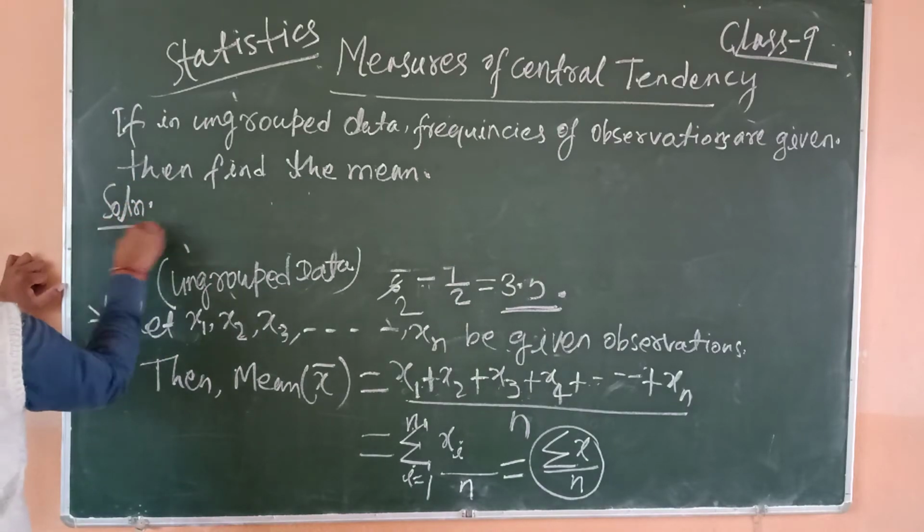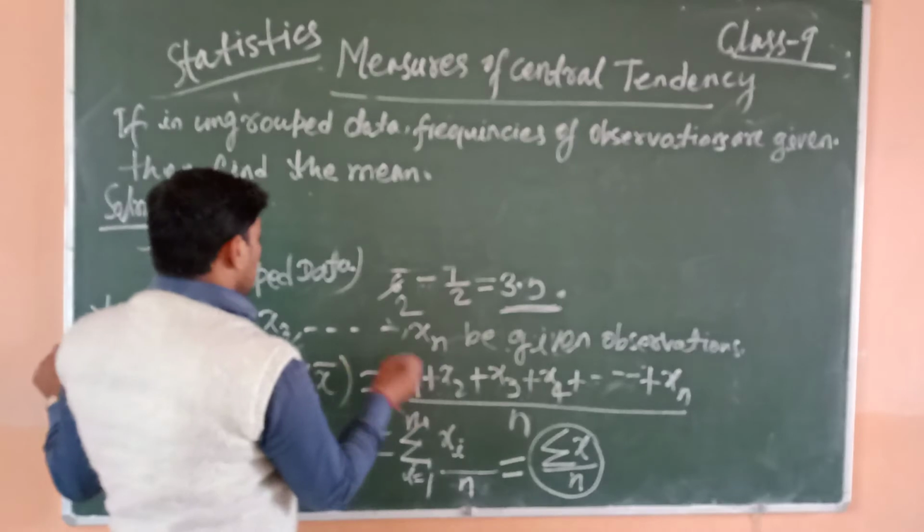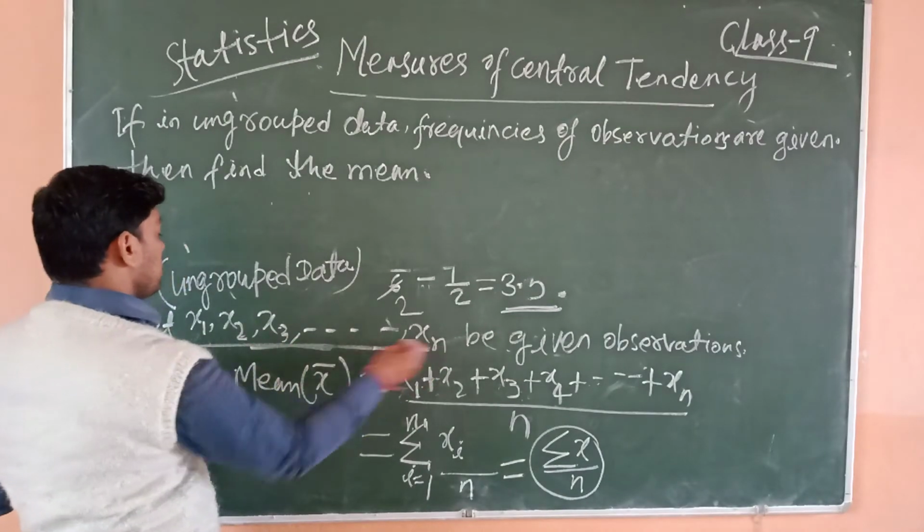See how to find the mean. Frequencies of observations are given there. Here there is no frequency, na?